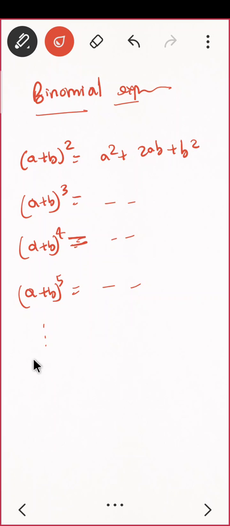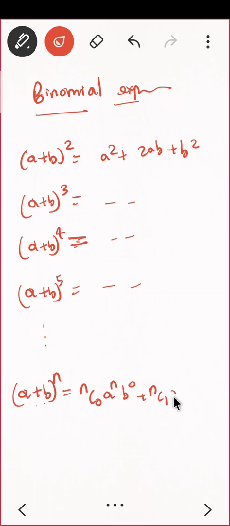So I'll give a formula for a plus b raised to n. Give me any power n. The formula is nC0 a raised to n b raised to 0, plus nC1 a raised to n minus 1 b raised to 1, plus nC2 a raised to n minus 2 b raised to 2, plus nC3 a raised to n minus 3 b raised to 3.